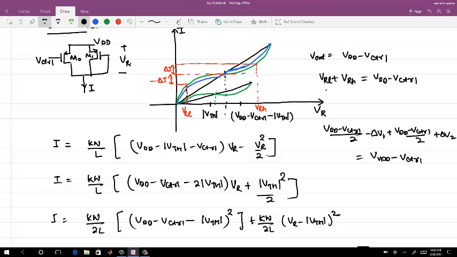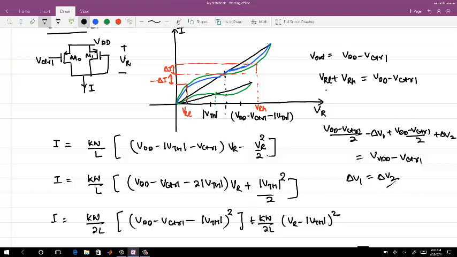I think this is the relation which turns out. So delta V1 is equal to delta V2. So this has a symmetry on both the sides. So this is the one where you can have the swing fixed even when you are changing the currents.